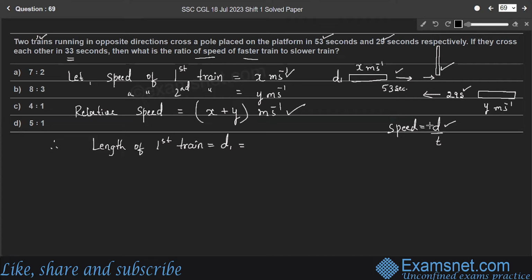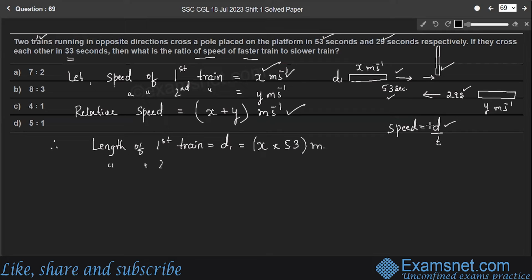So which speed do we need to consider here, relative speed or individual speed? Since it is an individual case, it is speed into the time taken by it while crossing the pole. It is taking 53 seconds. So 53x meter is the length of the first train.